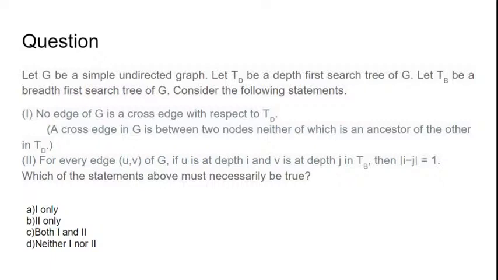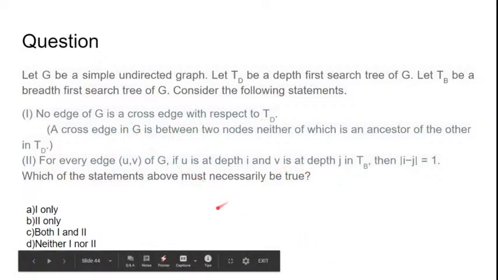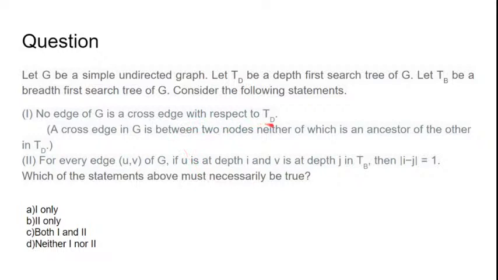No edge of G is a cross edge with respect to TD. No edge of graph G is a cross edge with respect to the depth first search tree. A cross edge is an edge in a graph between two nodes, neither of which is an ancestor of the other in TD.